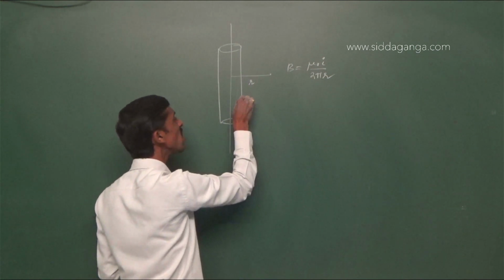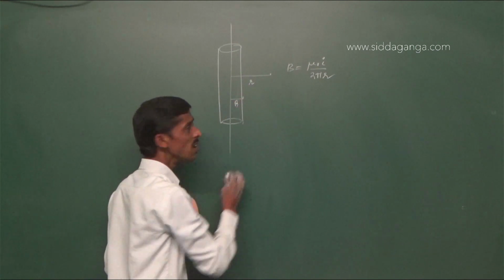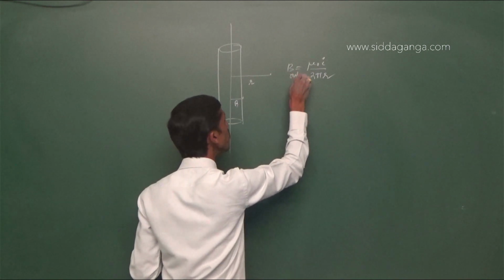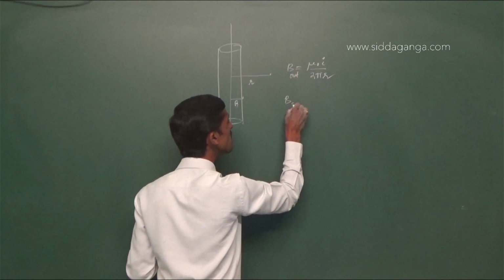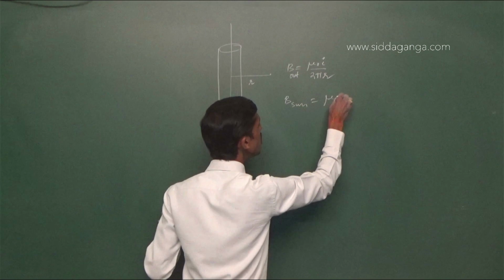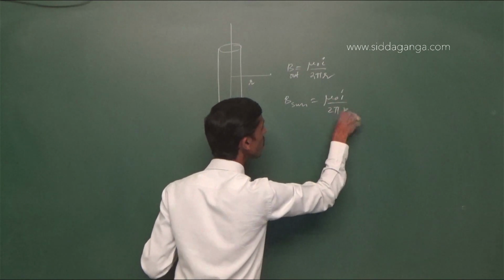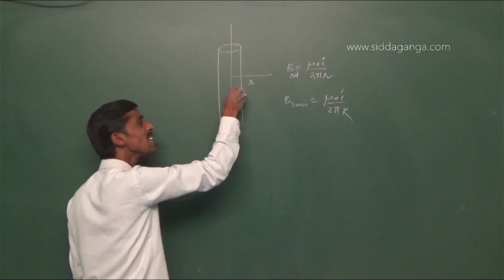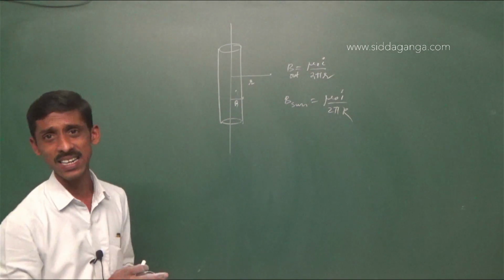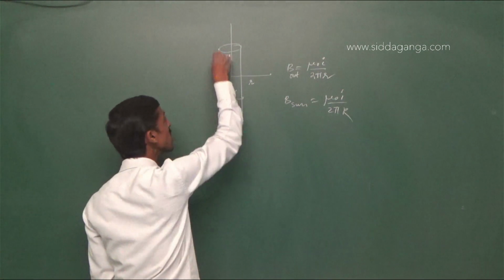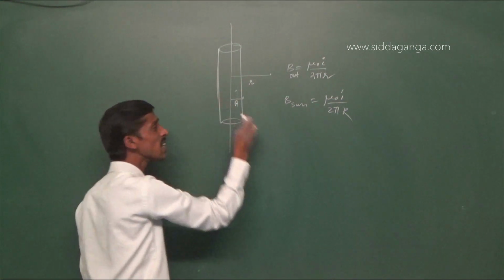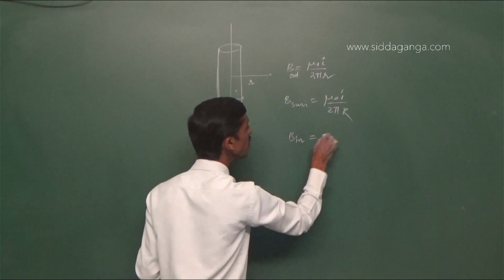If the point is on the surface, the magnetic field at a point on the surface is mu naught I by 2 pi r. But for a point inside the hollow metallic conductor, once the point comes inside the conductor, the magnetic field will be 0.